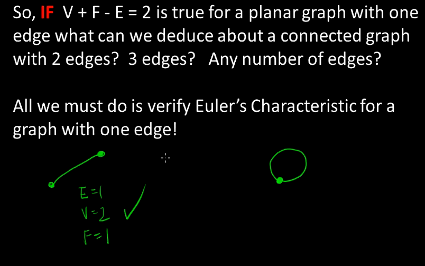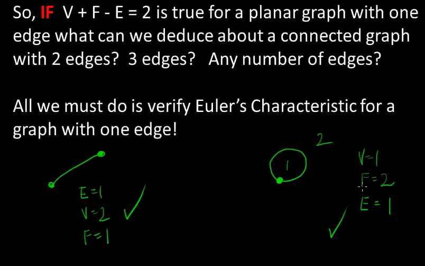Theorem is satisfied. In this case, we have two faces. We have face 1 enclosed and the outside face. So vertices are 1, faces are 2, and edges, it was just 1. So again, vertices plus faces minus edges is 2.